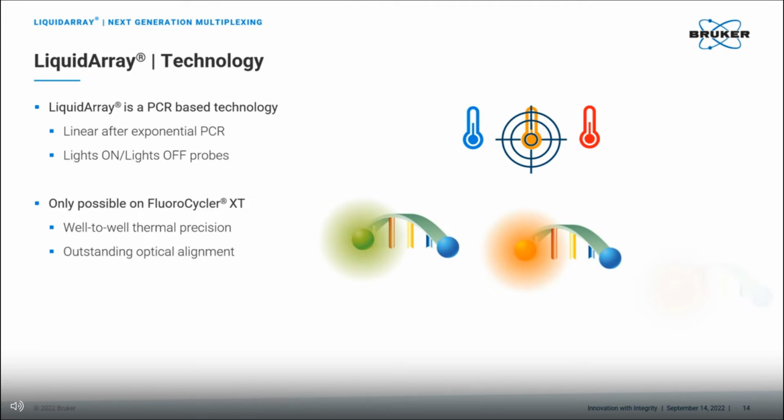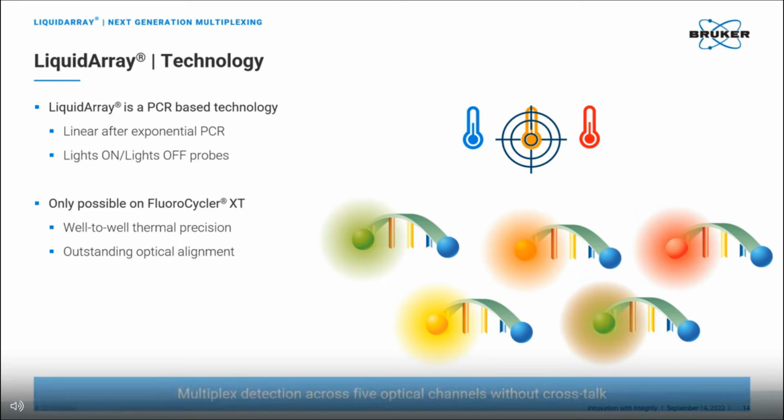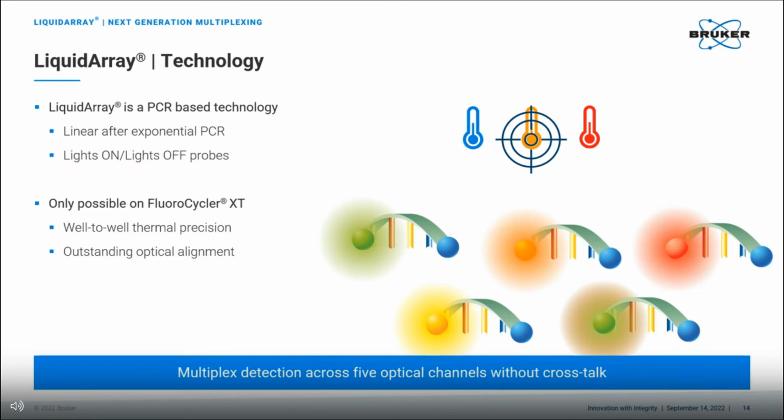We also in the instrument have outstanding optical alignment, so not only can we multiplex within one optical channel by using temperature, we're also able to multiplex in a more traditional way across the optical channels. And in our case, the optical alignment means that there is no crosstalk and we require no color compensation. So we're giving multiplex detection across those 5 optical channels with no crosstalk.